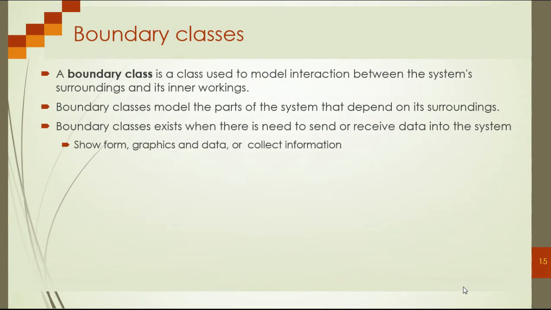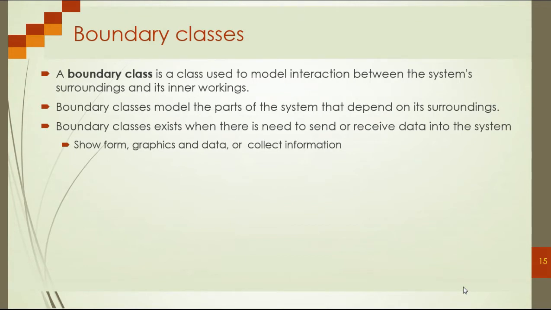So the boundary classes are used to model the interaction between the system and its surrounding environments. We need the boundary classes when the system sends or receives data from the environments. So the boundary classes are the part of the system that depends on its environments.